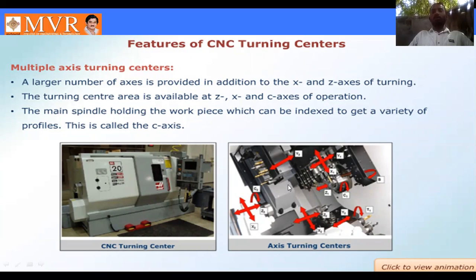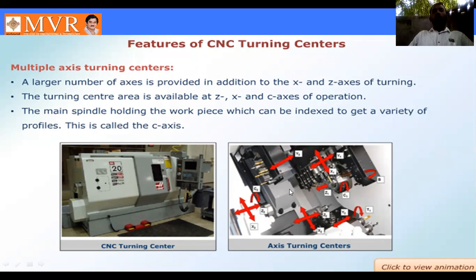Multiple axis means these turning centers move in X direction, Y direction, and Z direction also. Based on these three directions you can do the operation. It cuts, drills and grinds, so the total work is done in three directions.